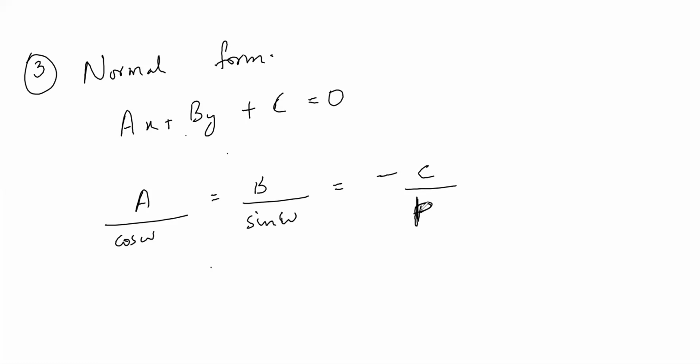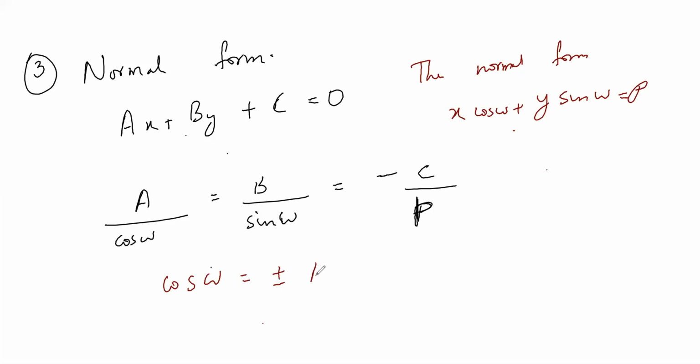Correct. So in this, what is the general normal form? That also I'll write it down here. The normal form of this: x cos omega plus y sin omega is equal to p. So from this, what is my cos omega?